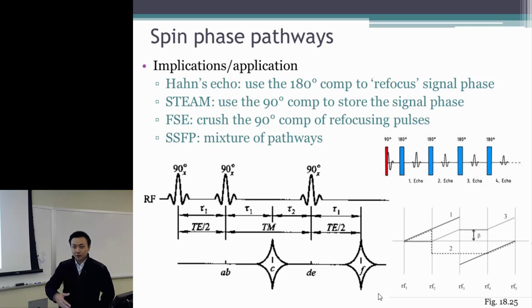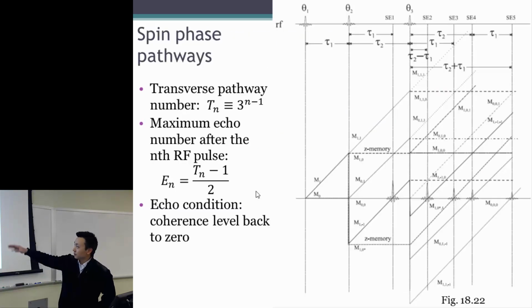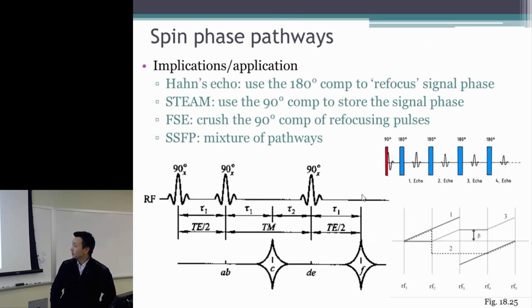It will actually introduce artifacts in the TSE images. So in fast spin echo or turbo spin echo, we usually need to crush the 90-degree component of each of those refocusing pulses. The SSFP signal is actually a mixture of all these pathways, if we draw them together.